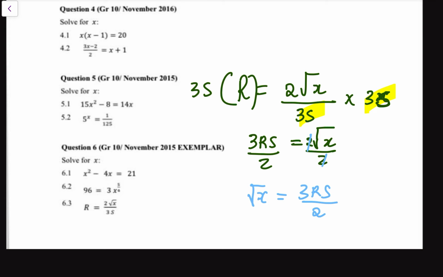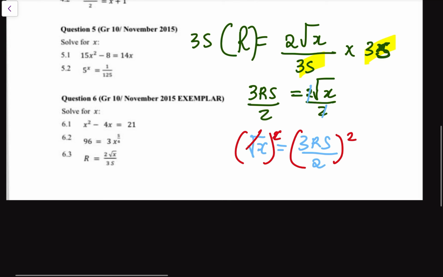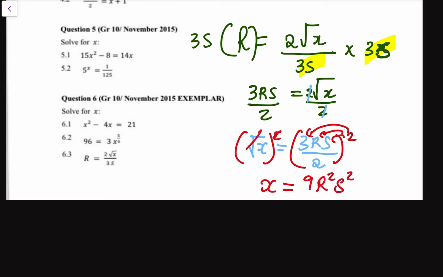Now, if I want to get rid of the square root, I need to square on both sides. So even here I square. Now, this and that reverse each other. So I have x is equal to, remember squared is for everything, so it will be 9 r squared s squared over 4.